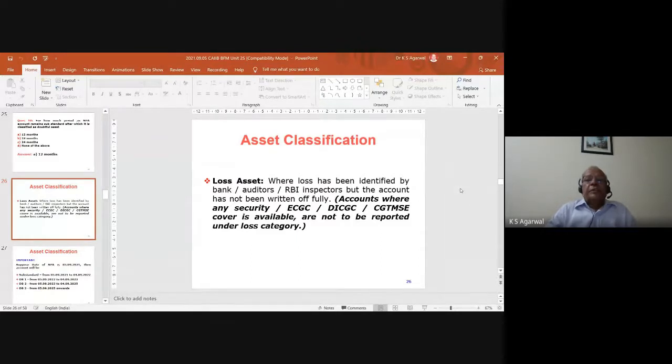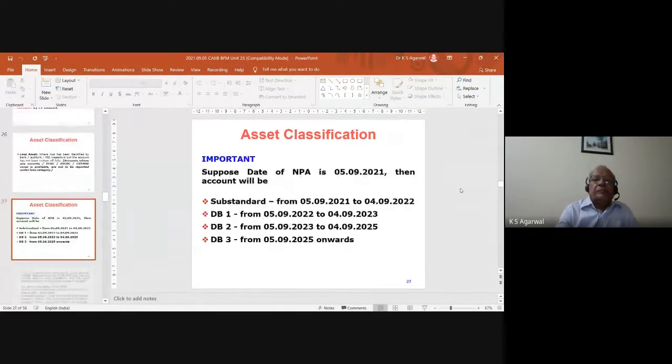Wherever any security is available, ECGC cover is available, CGTMSE cover is available, or any other cover is available, then this account is not to be treated as loss category. Please note it. So only when there is no security or less than 10% security, then this will be loss asset.